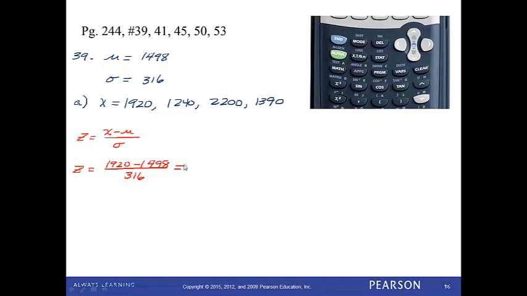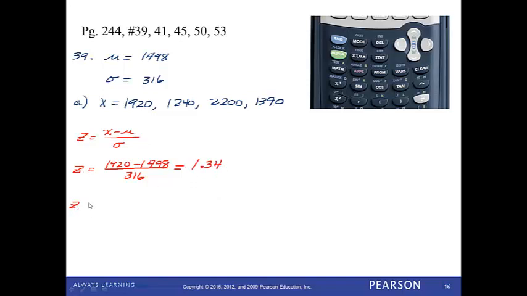So let's type it into our calculators, or you can do it by hand. We get 1.34. So with your z-scores, round to 2 decimal places.